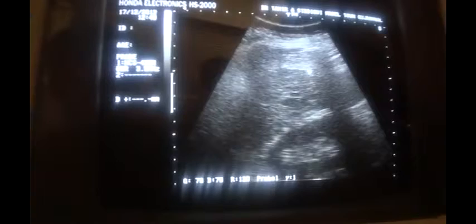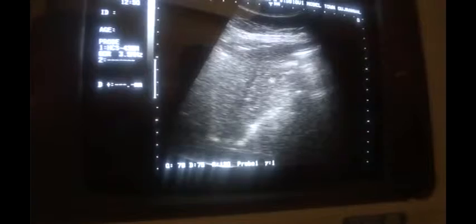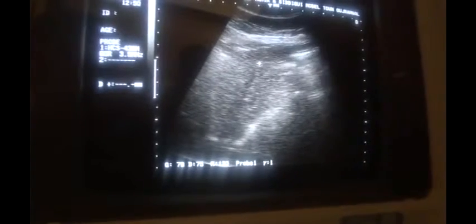However, you will see the irregular outer surface, coarseness, increased echogenicity of the right lobe of the liver, and this is the left lobe of the liver in longitudinal section, showing you irregular outer surface as well as coarseness and blurred margins of the vessels.